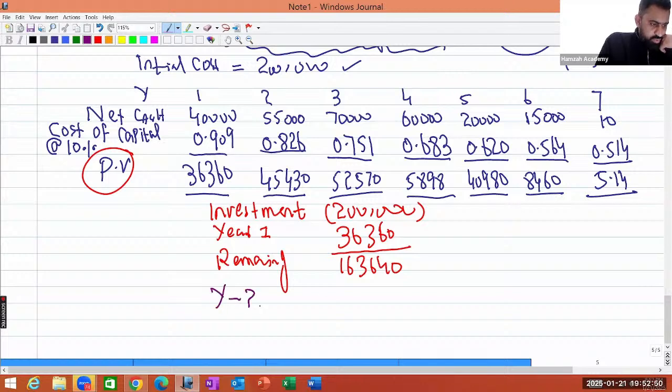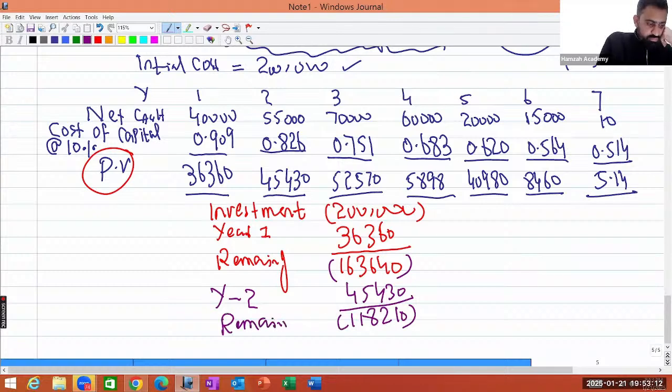Then year 2 will be 45,430, and the remaining will be 118,210. Remaining investment.